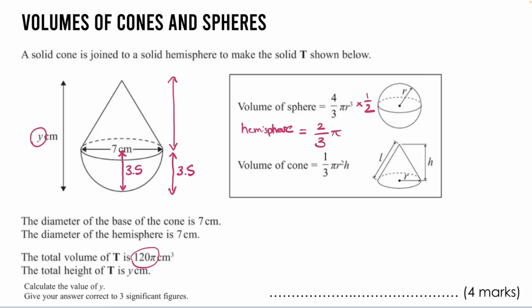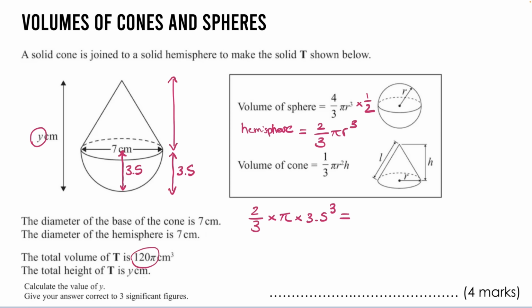So 2/3 pi r cubed. So we can use that straight away. So 2/3 times pi times 3.5 cubed. That's going to give us the volume of the hemisphere. So we can type that in, 2/3 times pi times 3.5 cubed. That gives us a volume.